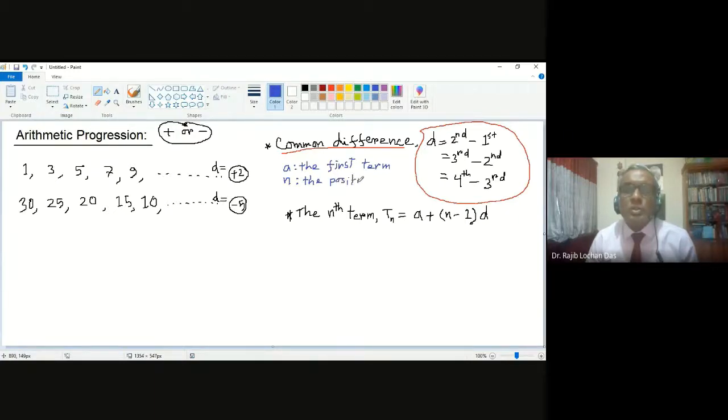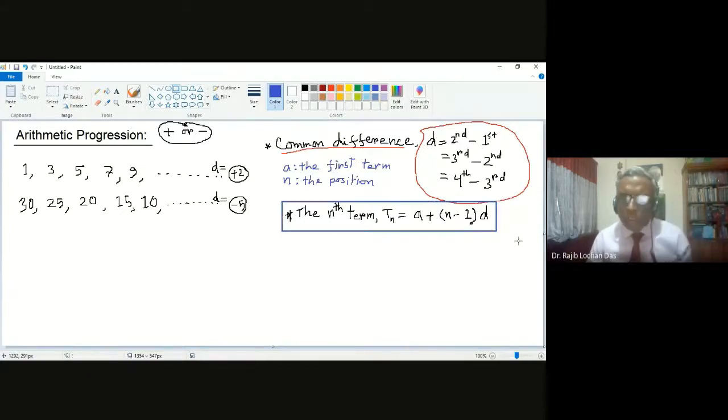If you say third position, then n equal to 3. If you say fourth position, then n equal to 4, like this. So these are the A, N, D. If you know what is A, what is N, what is D, you can use this formula. This is one formula about our arithmetic progression.